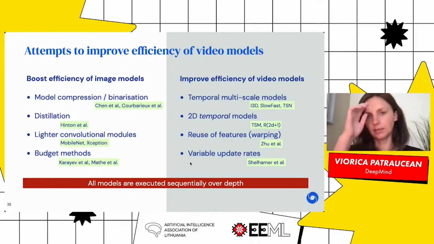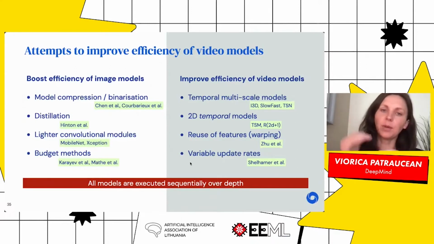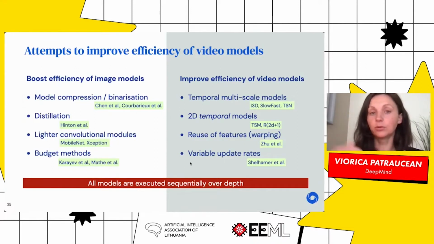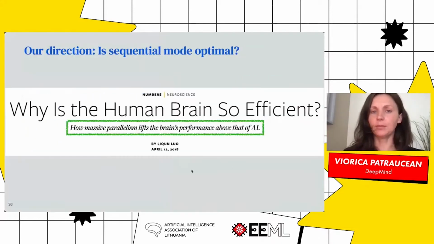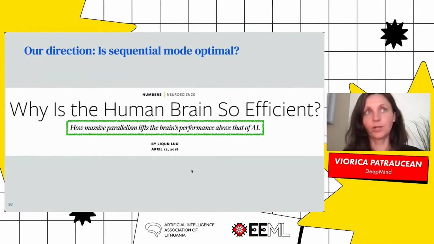So the data goes layer by layer through your network, and all the layers are blocked until all the layers finish the computation for that one frame. And basically, we're saying that is not needed. One source of inspiration, let's say, is the human brain.